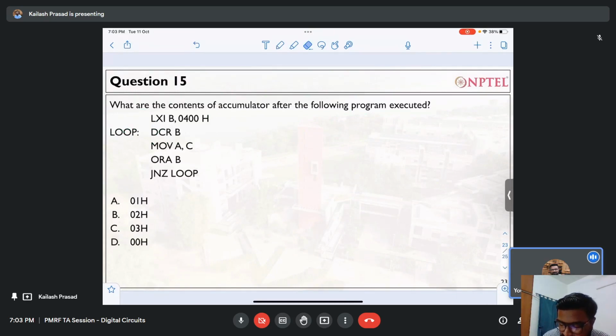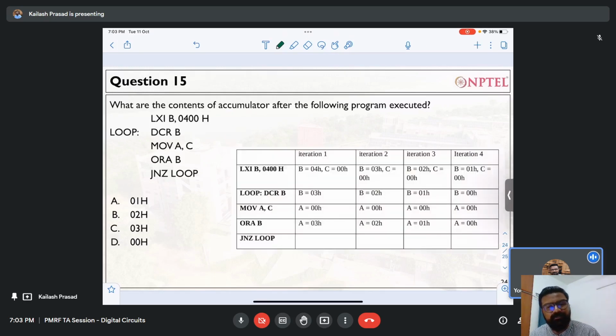So there is a set of 5 instructions here, and the question asks what is the content of the accumulator after the following program is executed. How to approach this problem? We have made a table over here, and using this table we will try to understand what will happen.